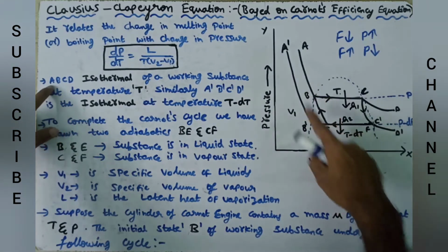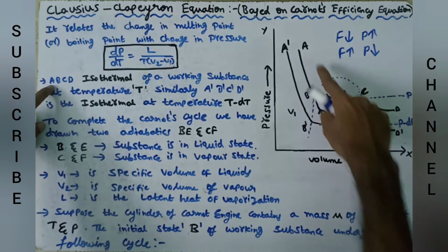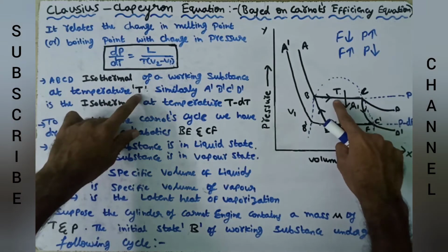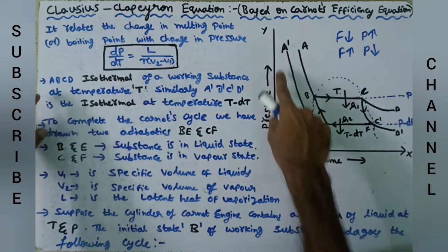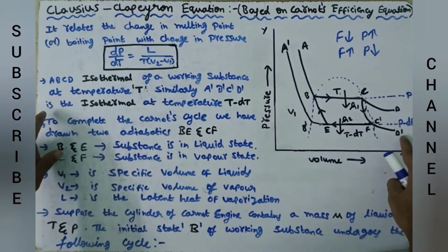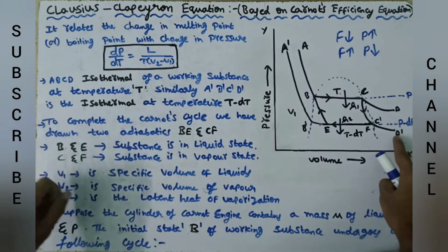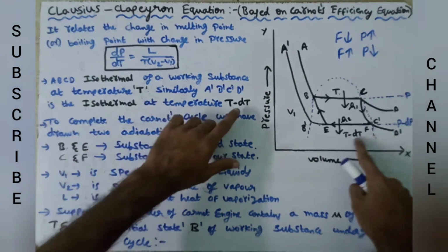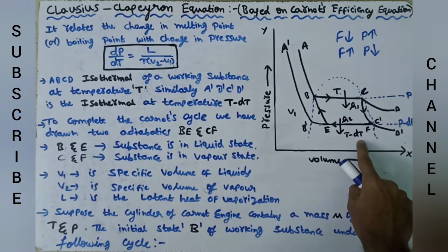Here in this Carnot cycle, ABCD is an isothermal process of the working substance at temperature T. Similarly, A dash, B dash, C dash and D dash is an isothermal at temperature T minus dT.